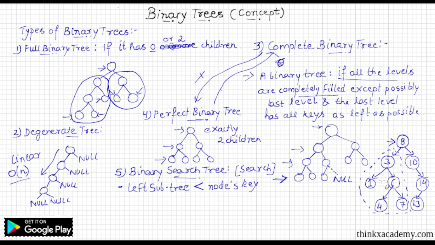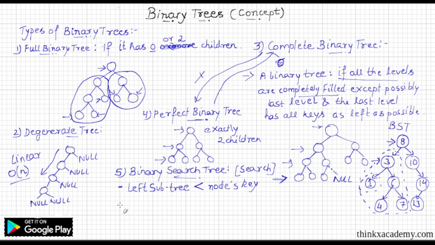If you pick up any element of this binary search tree, it will follow the same pattern. For example, if I am taking 3 as a node, you can see that the left subtree is 1 and 1 is less than 3.